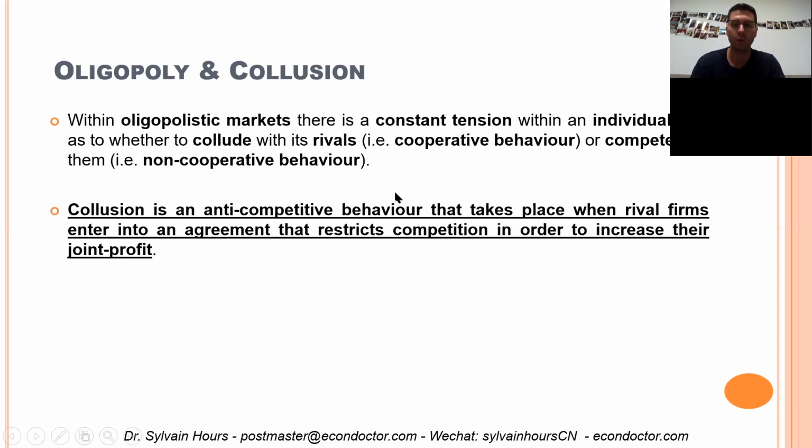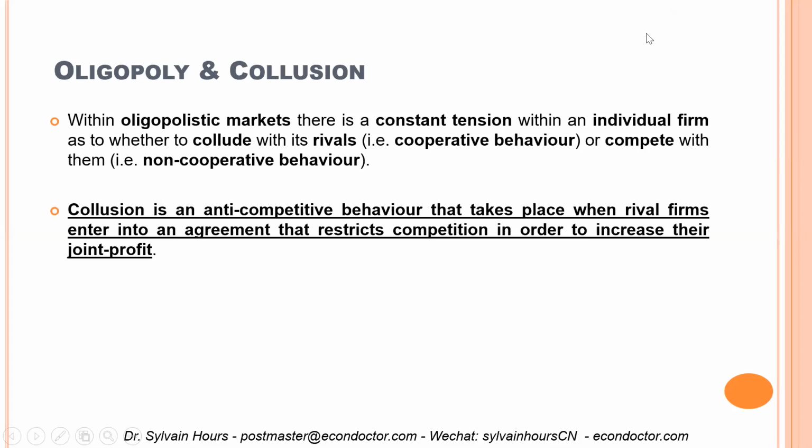So what do we call collusion? It's very important that your students are able to define that properly. Collusion is simply an anti-competitive behavior that takes place when rival firms enter into an agreement that restricts competition in order to increase their joint profit.